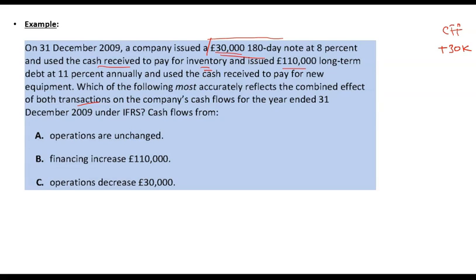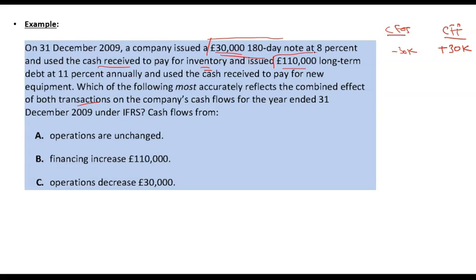When it buys the inventory, it is actually spending on buying the stock, so that is a cash outflow of 30k, that is cash flow from operations, an operating activity.